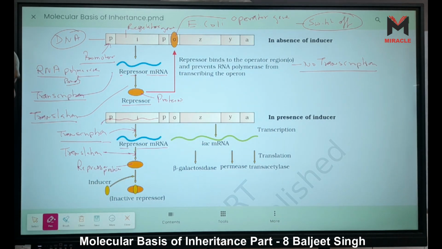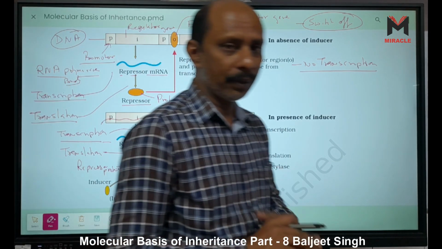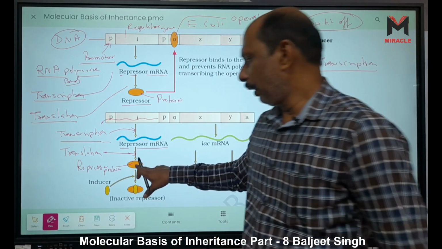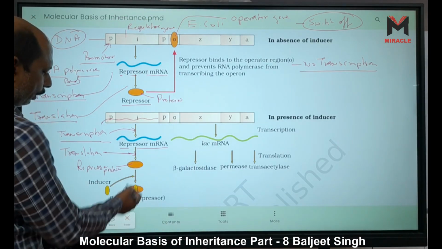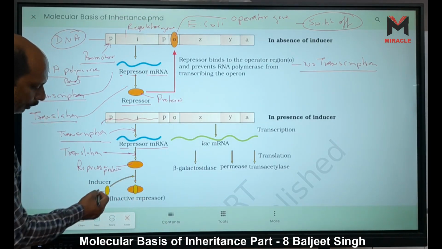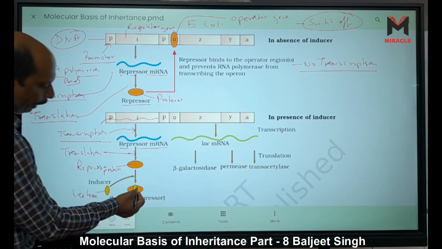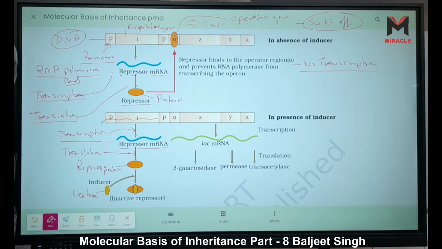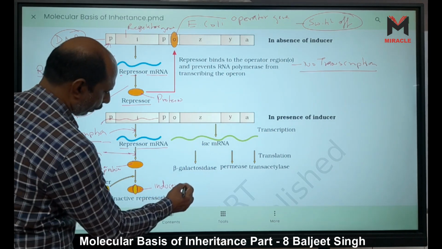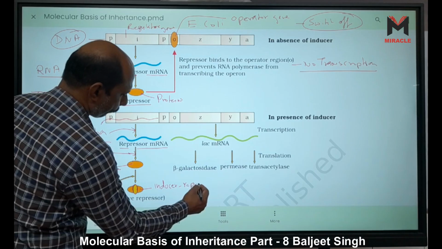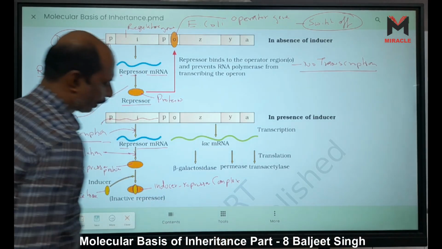Now what happens? Because the inducer is already present here, this repressor protein, which has a three-dimensional structure, has active sites. The inducer, which is lactose, binds with the active sites of the repressor protein and forms an inducer-repressor complex.